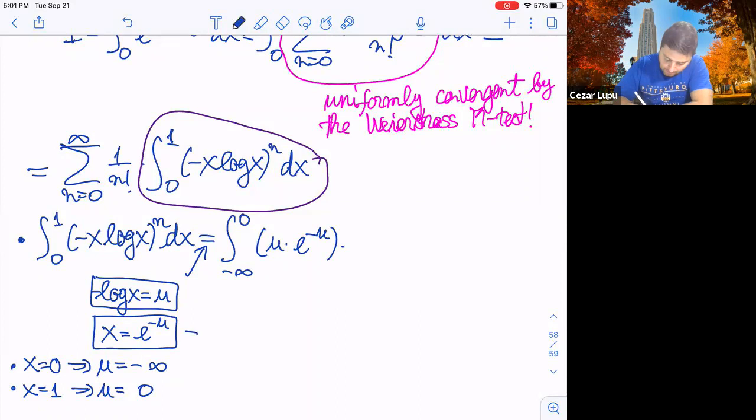So dx is negative e to the negative u du.